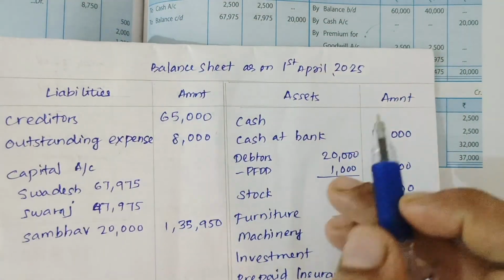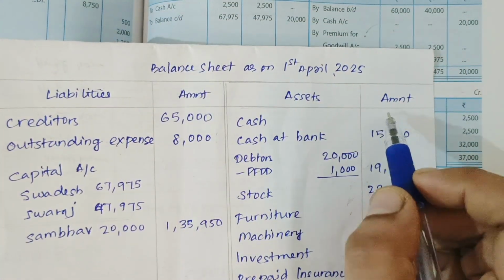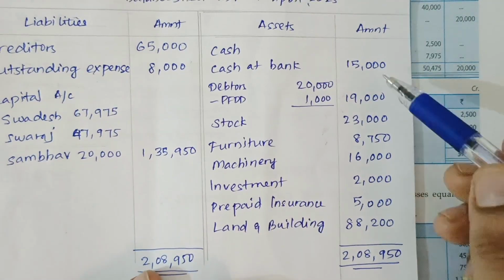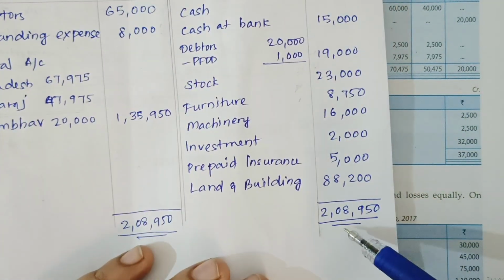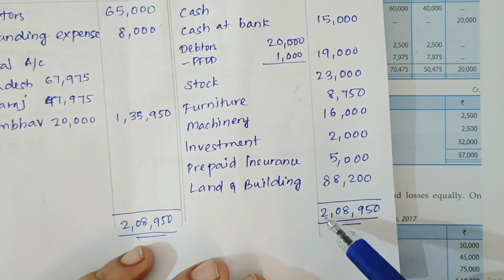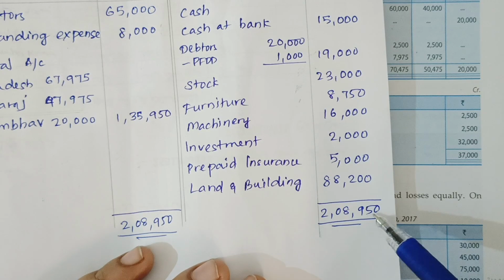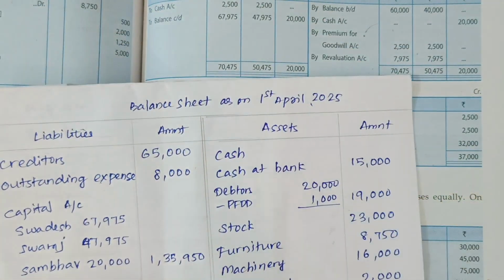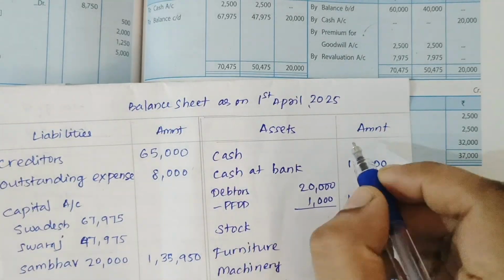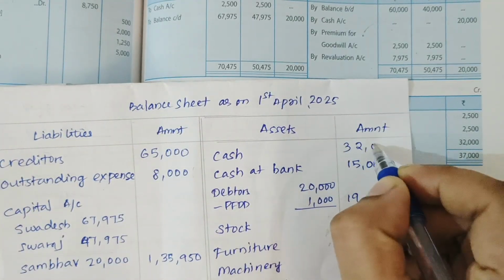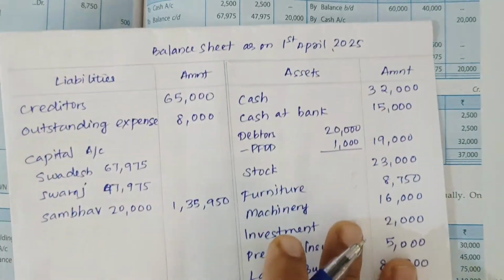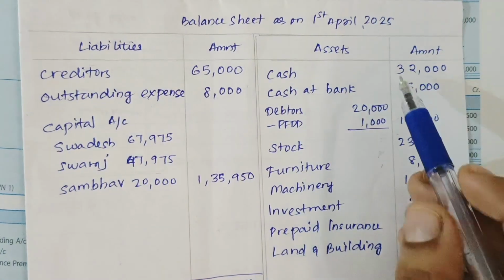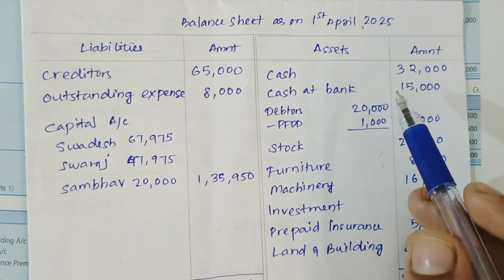So here cash, we have left a space for cash. When we add all this amount and subtract it from the total 2,08,950, we will get the cash amount, and the difference is 32,000. Either you can do it this way, or you have to prepare a cash account.